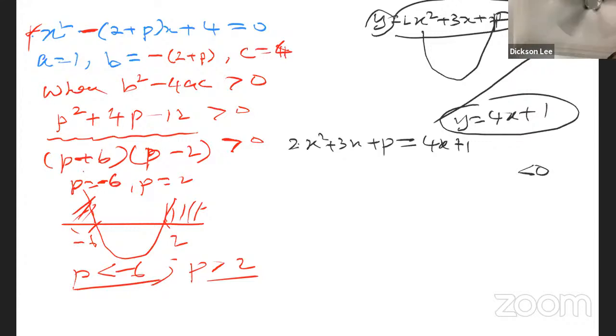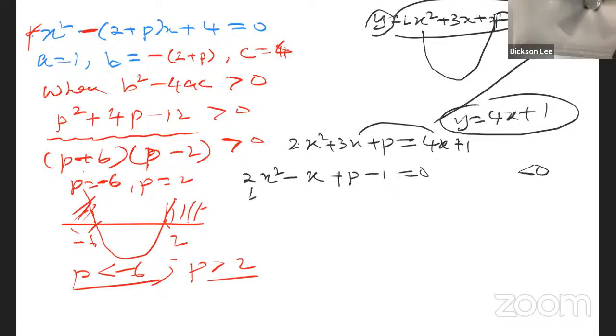You have to equate them, and then you form a general equation of 2x squared minus x plus t minus 1 equals 0.